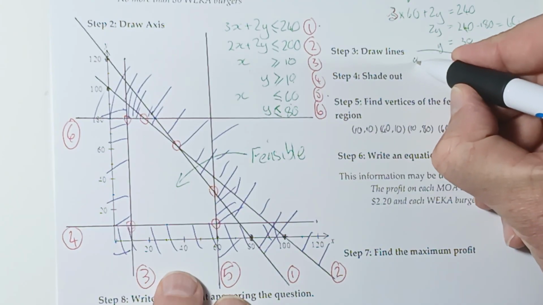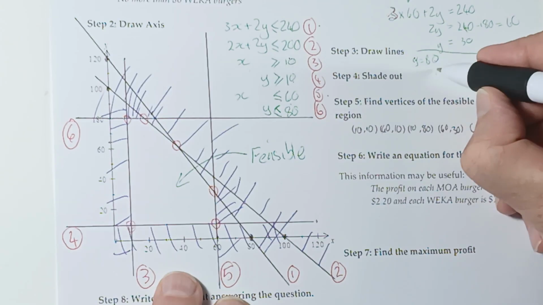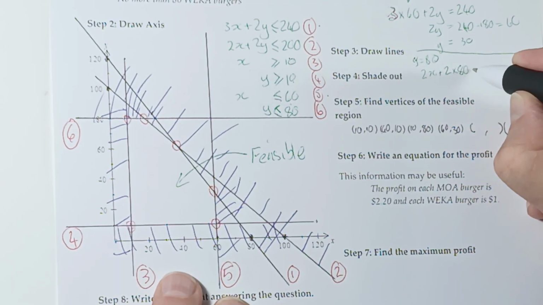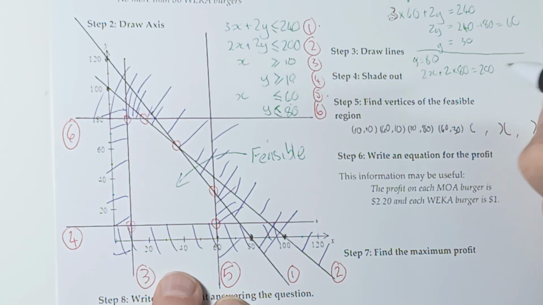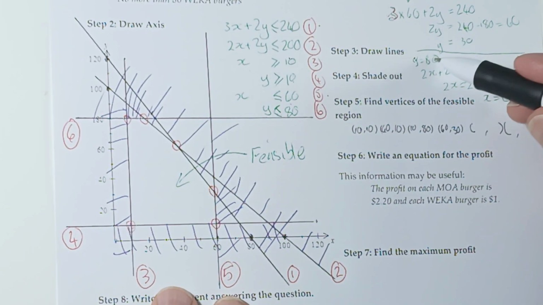I'm going to go y is equal to 80, and we're going to put that into 2x plus 2 times 80 equals 200, and solve that. 2x is equal to 280 minus 160, which is equal to 120, so x equals 60. So we've got x is 60, y is 80, and we can put that one in here.